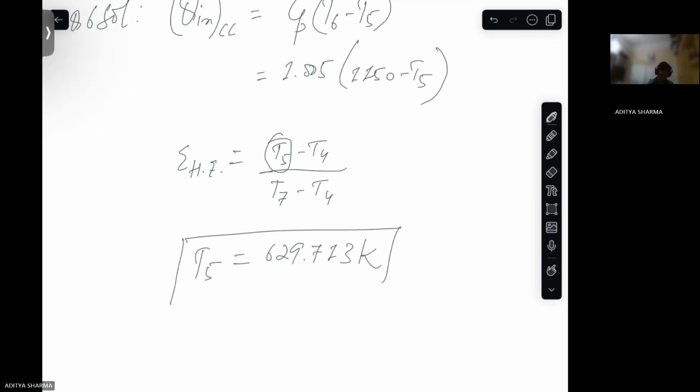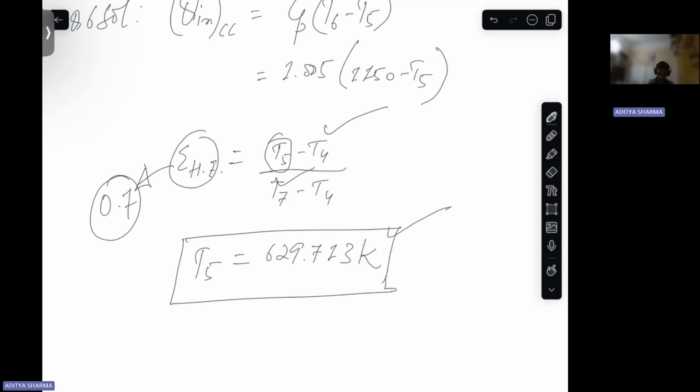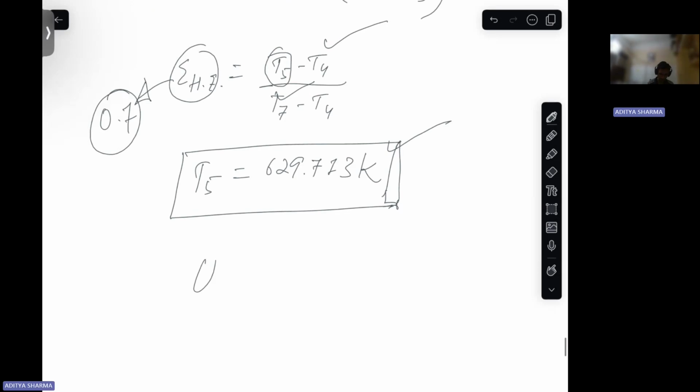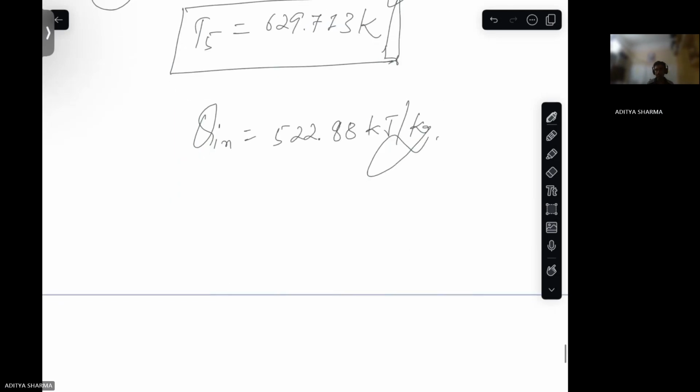Okay. So this we have calculated, this we have calculated, this is 0.7 given to us, and this T5 can be calculated. Then Q in, if you calculate, will come out to be around 522.88 kilojoule per kg. This is heat added.